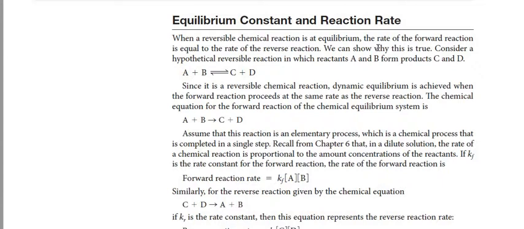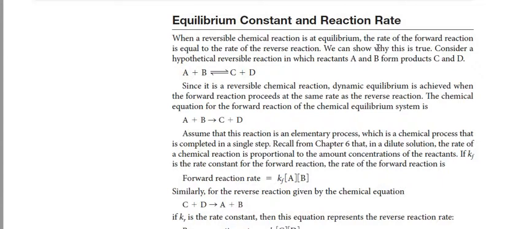as the reverse reaction. So the chemical equation for the forward reaction of the chemical equilibrium system is A plus B gives C plus D. Assume that this reaction is an elementary process, which is a chemical process that is completed in a single step.